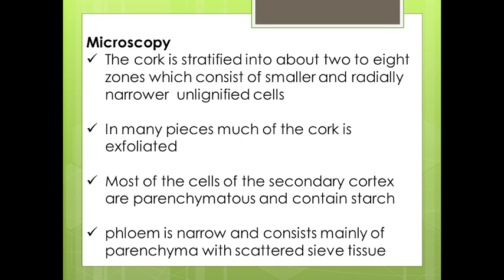The cork is stratified into about 2 to 8 zones, which consist of smaller, radially narrower, unlignified cells alternating with large, radially broader cells which are lignified.